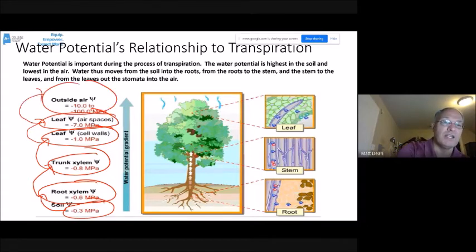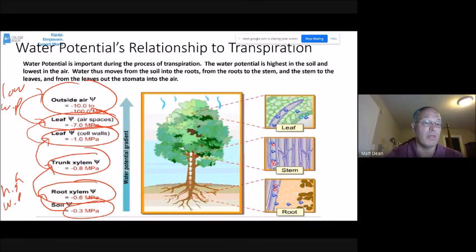So water moves out of the leaf, out into the air, and this process moves water from areas of higher water potential down here in the soil, and I'm going to abbreviate that WP, to areas of lower water potential, which end up being outside air. This process moves water from the ground up through a plant, even a tall tree, and ultimately back out into the air. That's transpiration.